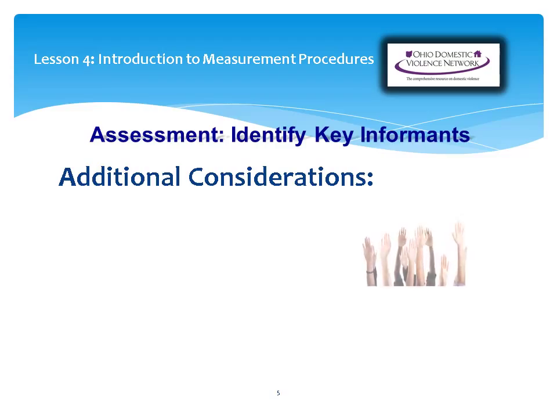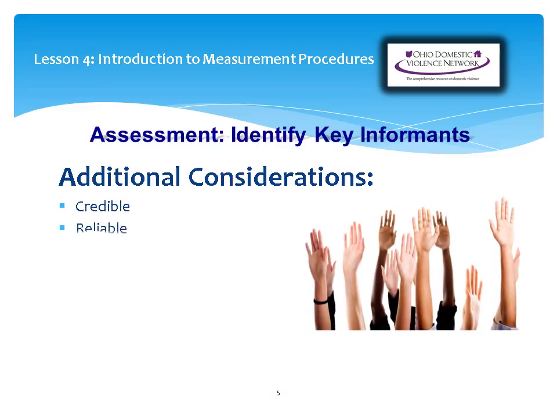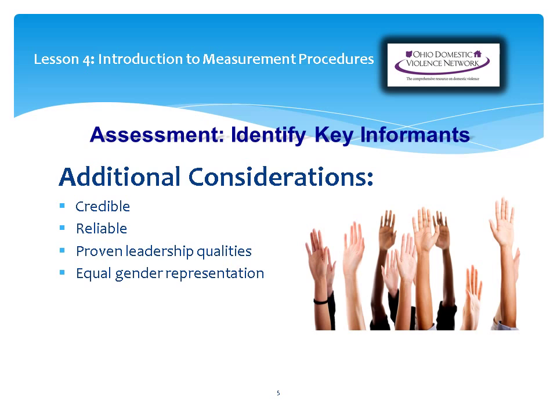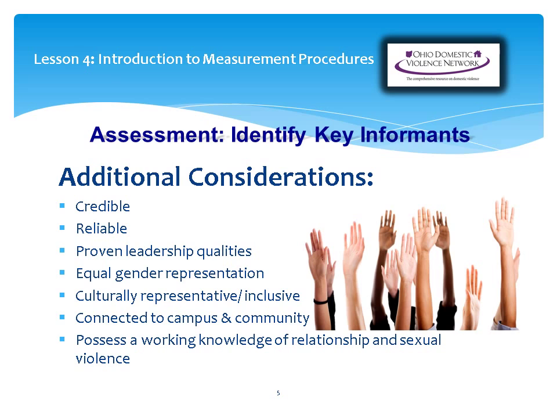Additional considerations for choosing your informants will be their credibility, their reliability, level of leadership qualities, equal gender representation, cultural diversity and inclusivity, connectedness to the campus, the community, and finally, their level of working knowledge about relationship and sexual violence.